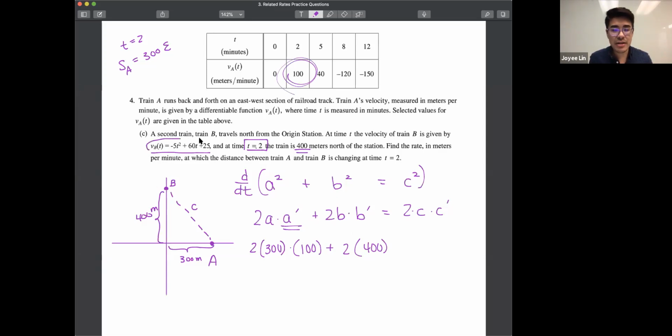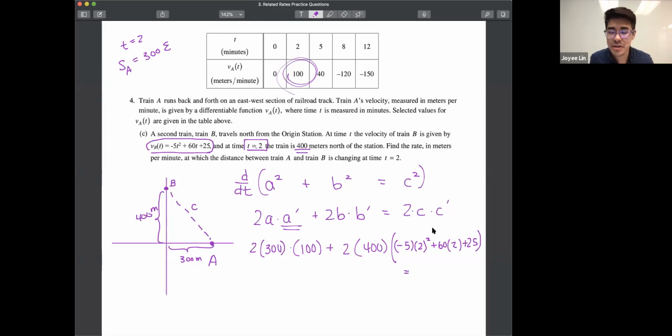Well, we have to use the velocity equation. So we'll do what? -5 times 2 squared plus 60 times 2 plus 25. Right? All of that is equal to 2c c prime, excuse me.